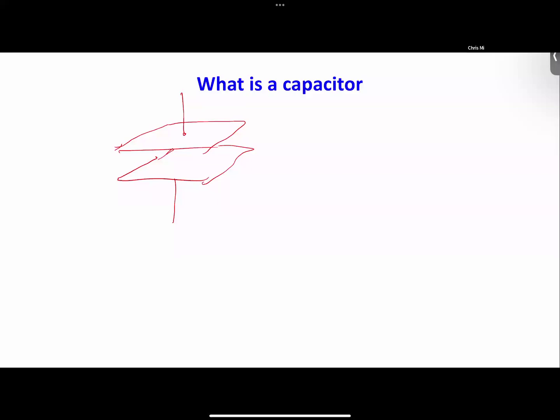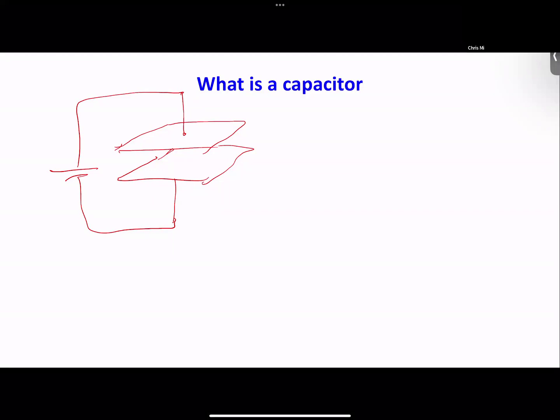You've got two plates, and when no voltage is applied, it's basically just two pieces of metal. But when you apply voltage, see what happens? Initially the capacitor has nothing, so current starts to flow from the positive terminal to the upper plate and to the bottom plate.